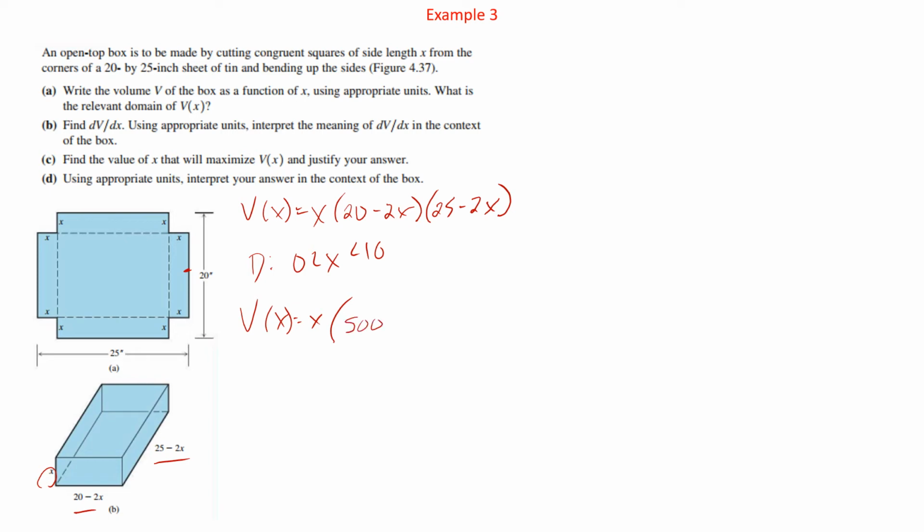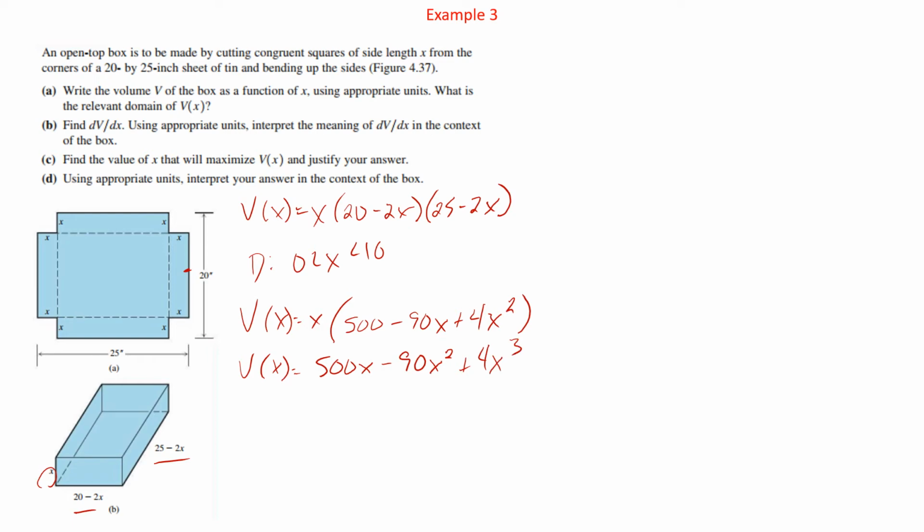Then we have minus 40x minus 50x is minus 90x plus 4x squared. Distribute the x. 500x minus 90x squared plus 4x cubed.